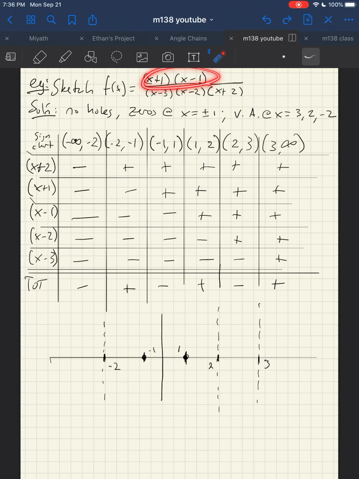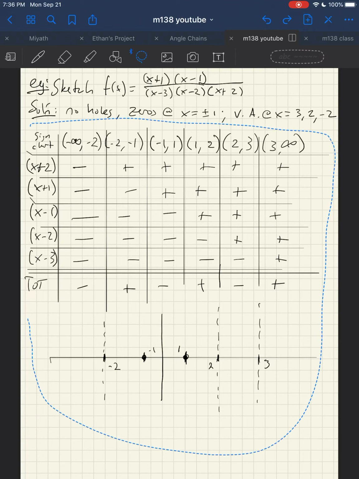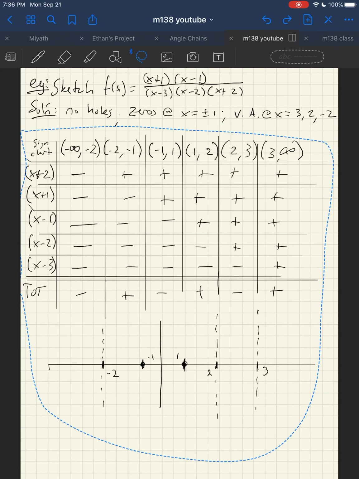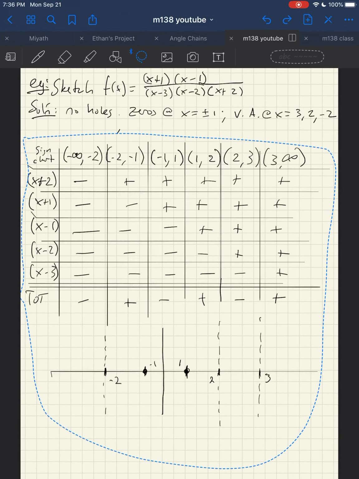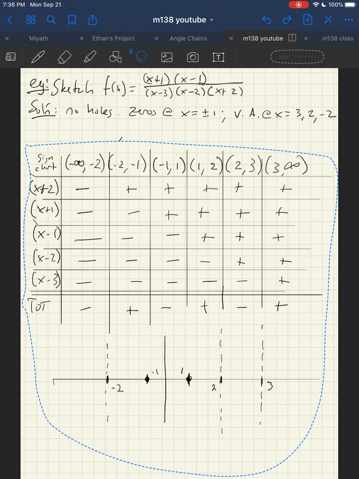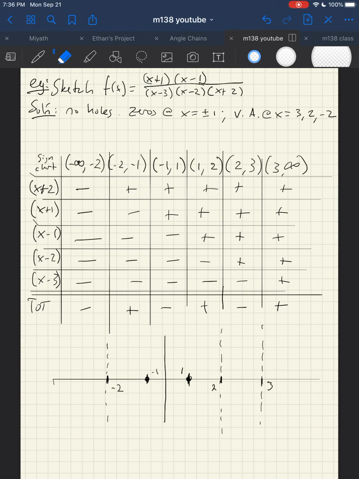And that's where we are here. The degree of the numerator is 2, the degree of the denominator is 3. So we've got a horizontal asymptote at y equals 0. I should have mentioned that earlier. Luckily, I can just move all this stuff down and forget about the fact that I made a mistake.